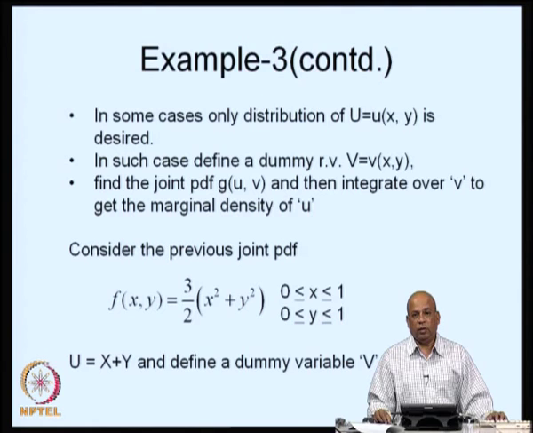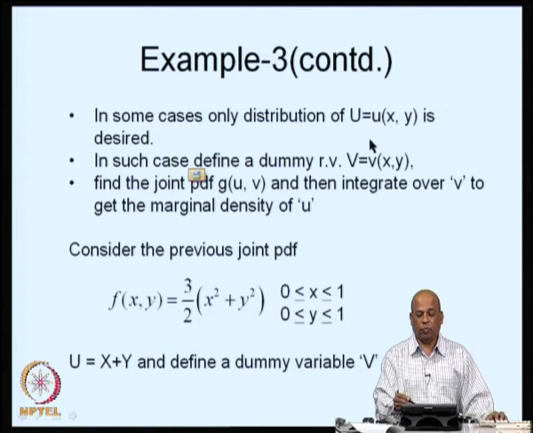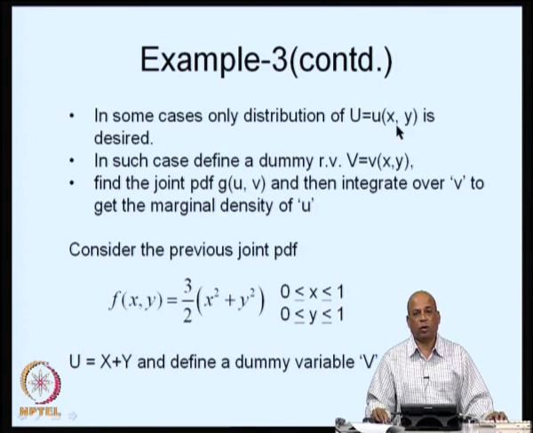Now, in some cases we are given the joint density function, but we are given only one function. Let us say that you have f of x y, which is a joint density function of x and y, and you are interested in the distribution of u is equal to u of x comma y. There is no other v.